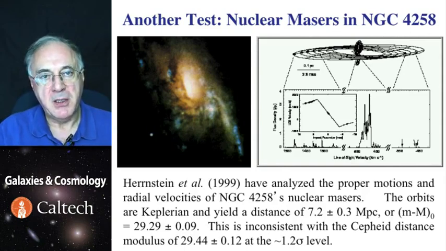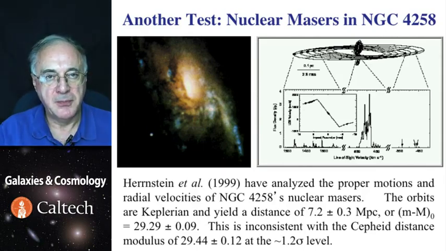Now, if we had test particles moving around that black hole, from measuring their orbits, we can find out how far the galaxy is. The orbits can be well assumed to be Keplerian, and the suitable test particles are so-called interstellar masers.